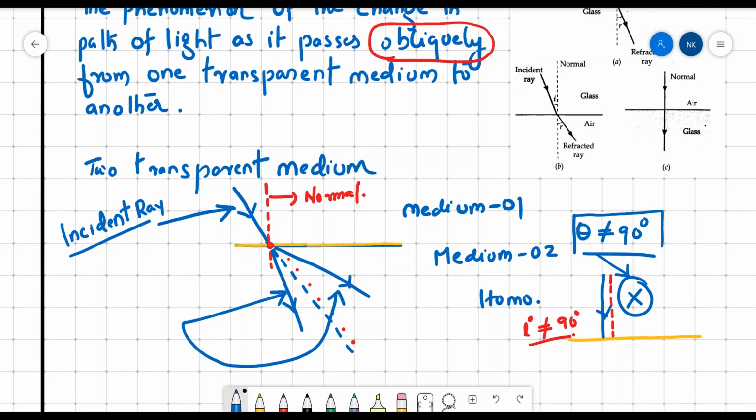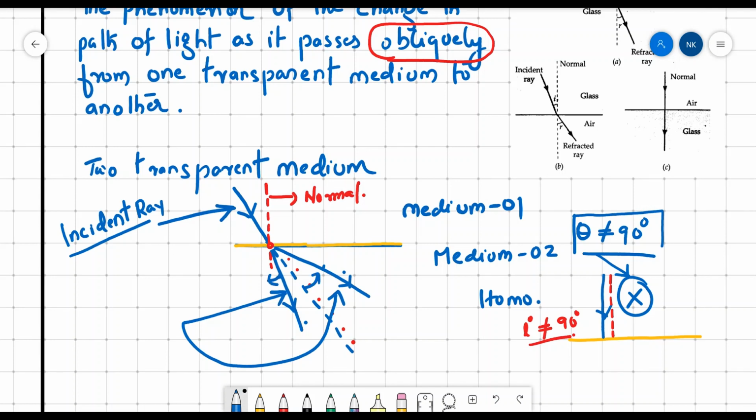These two paths, only one of them will be the case: either it will be something like this, otherwise something like this. I mean to say that it will move either towards the normal or away from the normal.